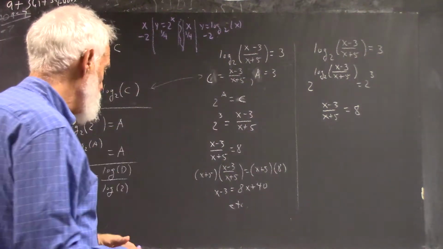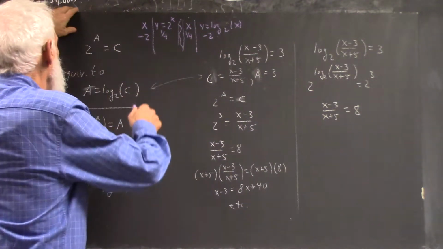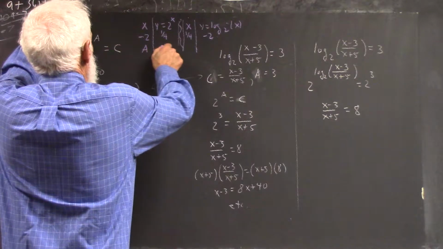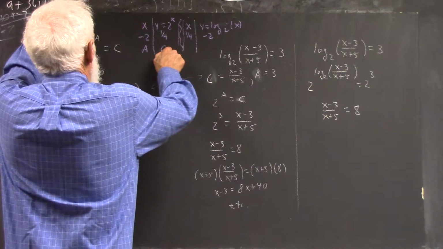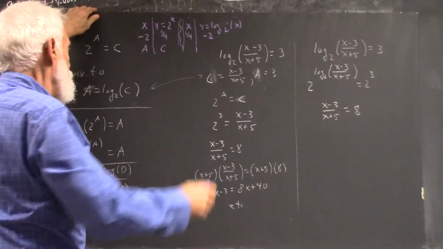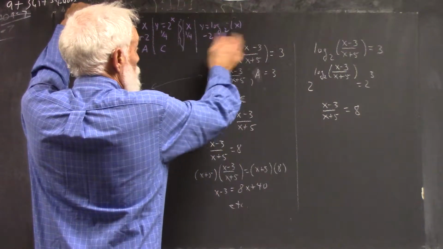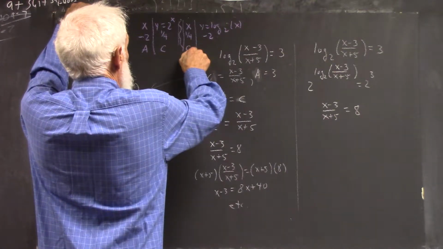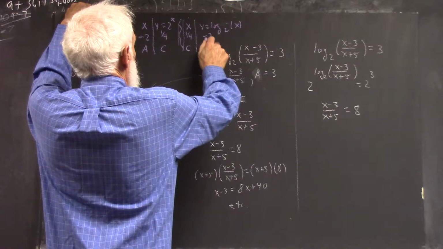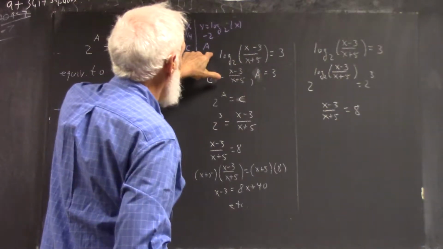Okay, so the equation 2 to the a equals c. What does that mean? Well, it means you've got a here, and 2 to the a is c. And that means that on the table for the log function, when x equals c, y equals log to the base 2 of c is a.